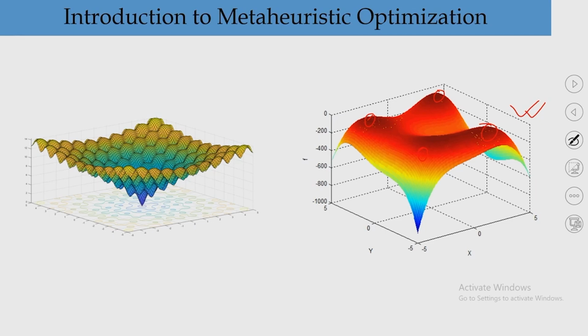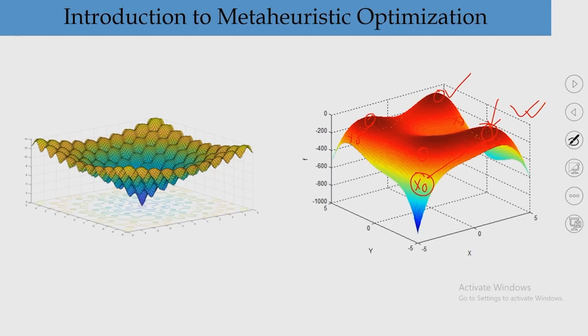Now, if you take x naught somewhere here, maybe you go in this direction and you may get this particular point. If you take x naught somewhere here, then you may get this point. Therefore, depending upon what x naught you have chosen, you will get one of the optimal solutions. You may not get the global optimal solution, but you will get one optimal solution.